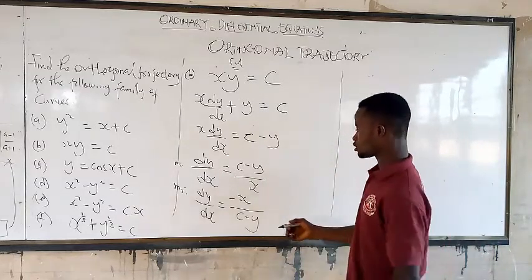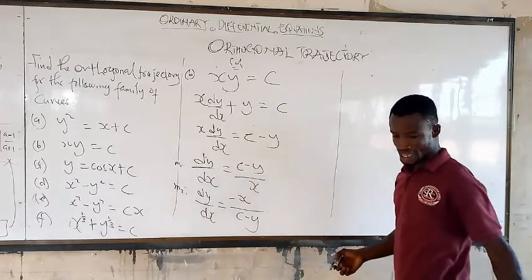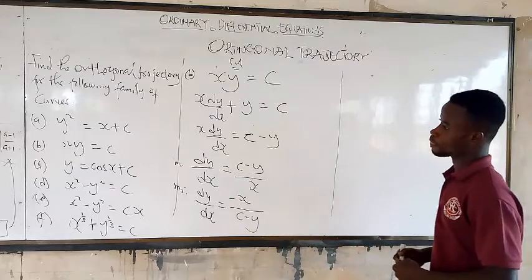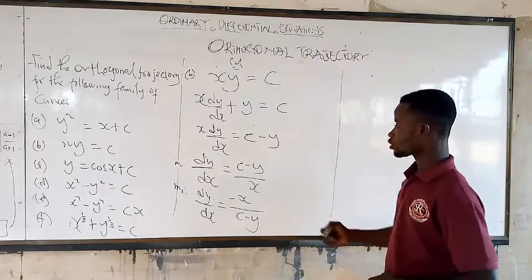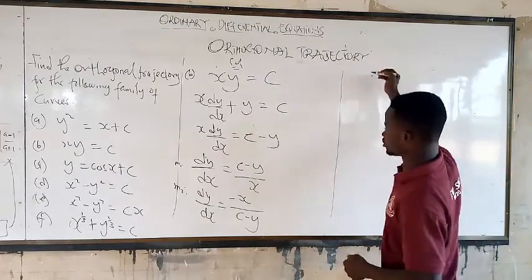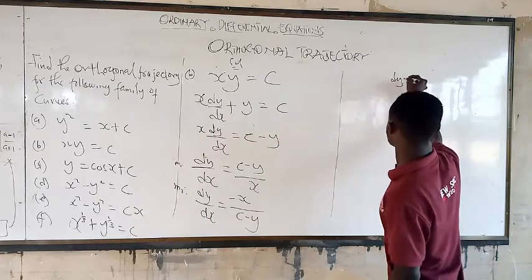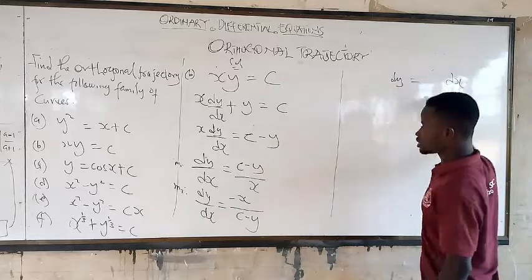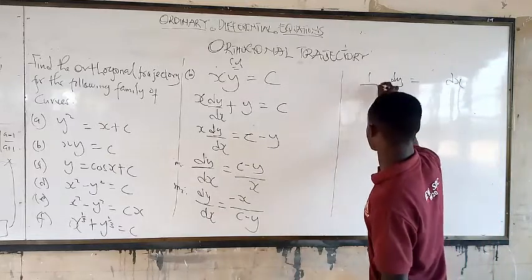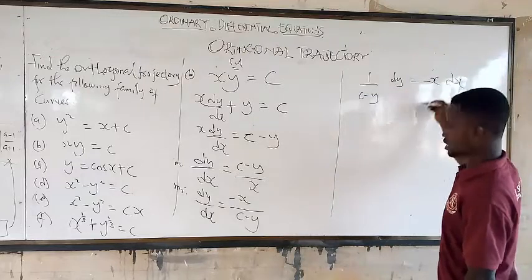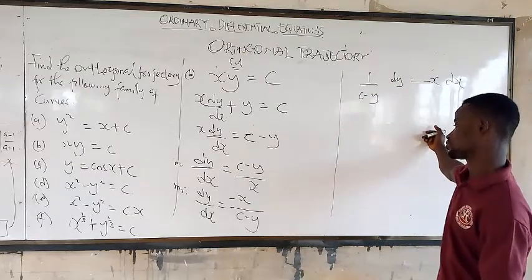So to resolve this with the idea of a separable differential equation, we now move on. So here, dy will be here, dx will be here. This will be just 1 over c minus y, and this will be negative x. Alright.